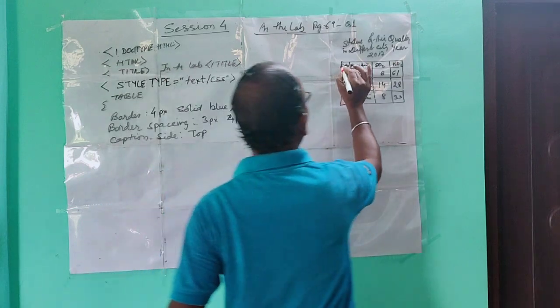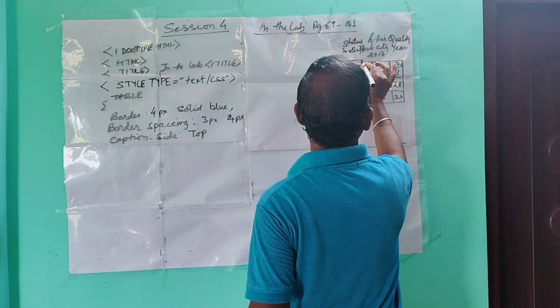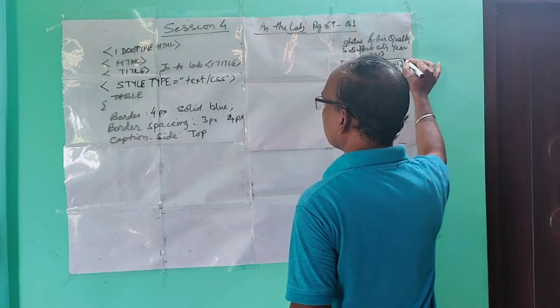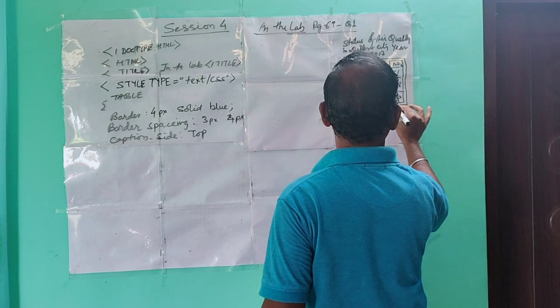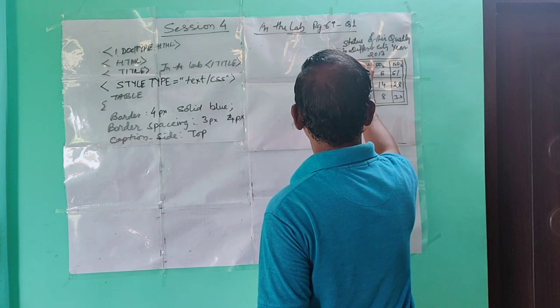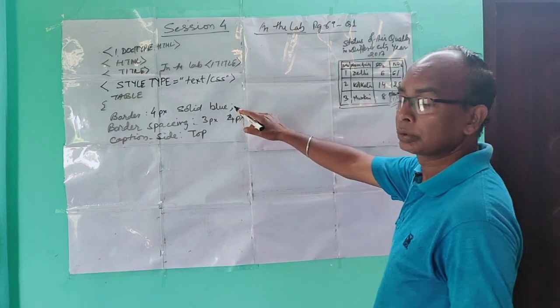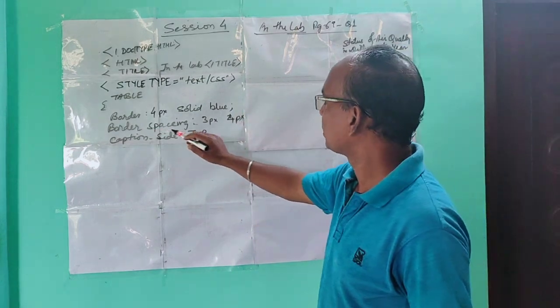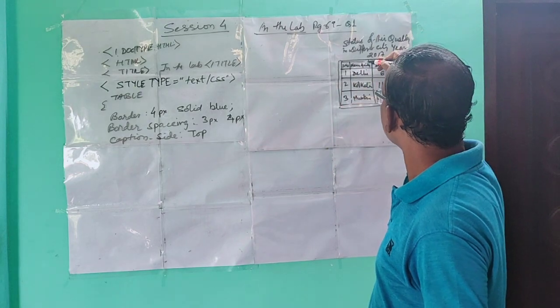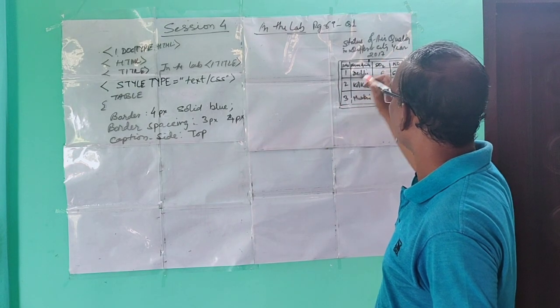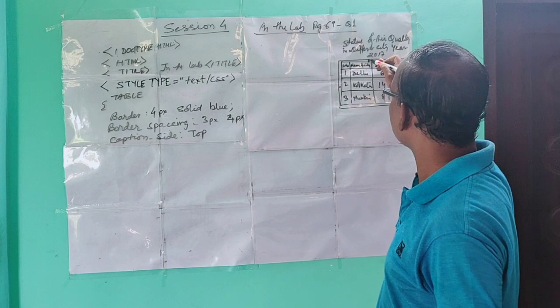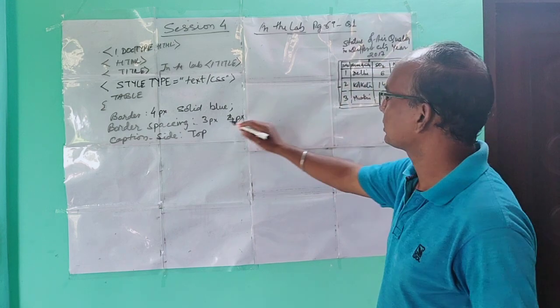See, border 4px solid blue. Here the border will appear. This border will come in 4 pixels. The width of the border is 4px and the color of the border is blue. Next, border spacing. This is the space, border spacing, horizontal and vertical. Here I am giving horizontal and vertical 3px and 4px.